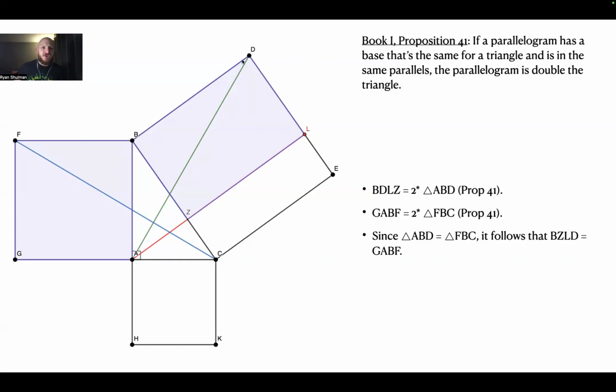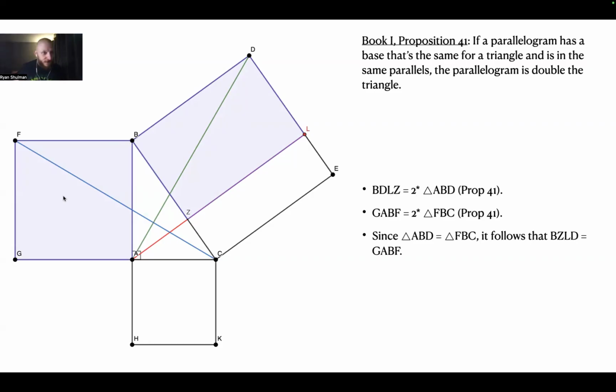So the base that they share is BD right here, and they both fall in the parallel lines BD and AL. So using Prop 41, that means that triangle ABD is half of the rectangle BZLD, or that BDLZ is twice triangle ABD.